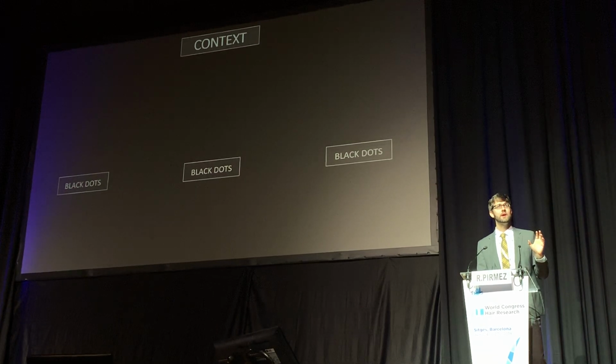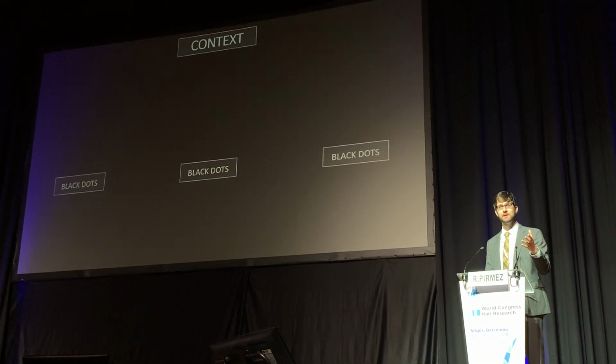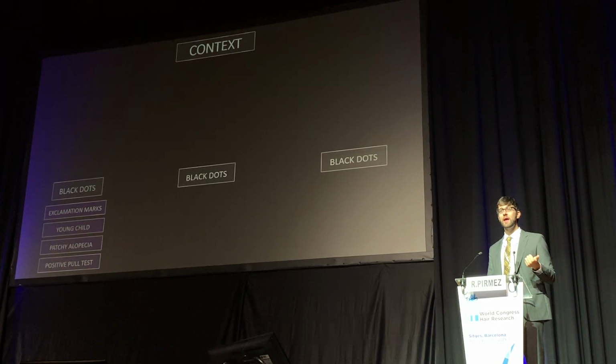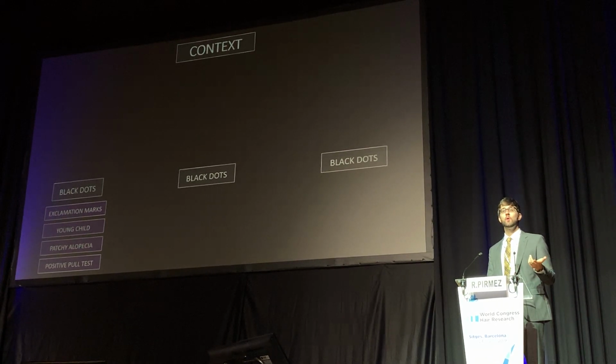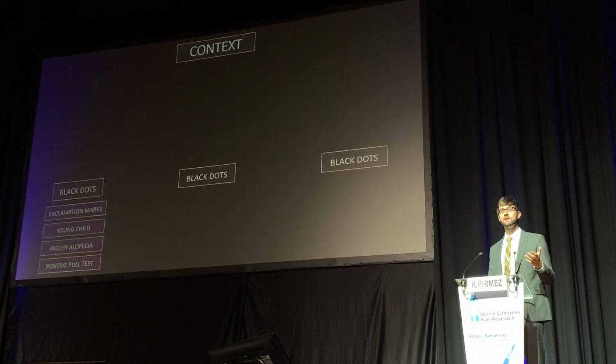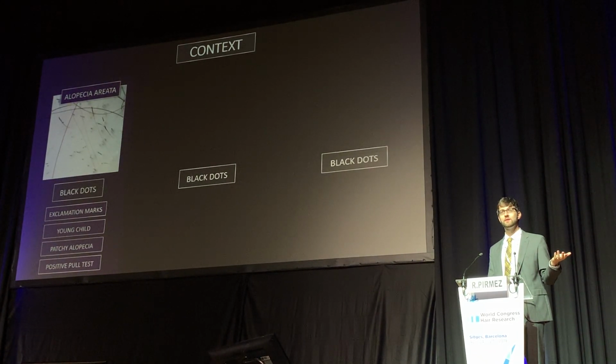So let's have a look here at a single trichoscopic feature, which is black dots. If you have black dots along with exclamation mark hairs in a young child with patchy alopecia presenting with a positive pull test, what is the diagnosis here? It's alopecia areata.